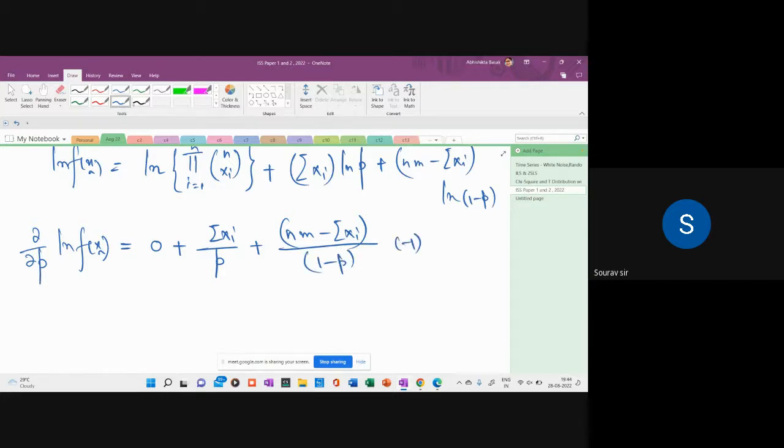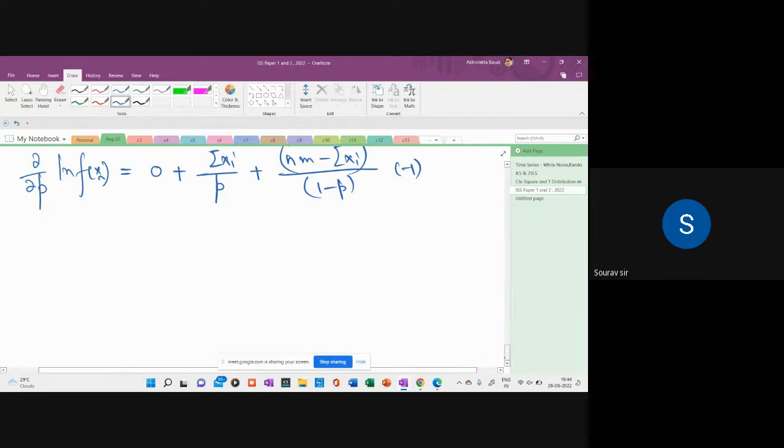So this is my derivative: summation xi by p minus (nm minus summation xi) by (1 minus p). Now we are going to take the second order derivative of the same function.